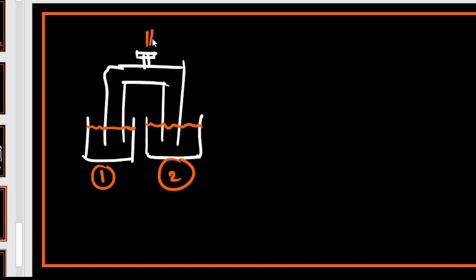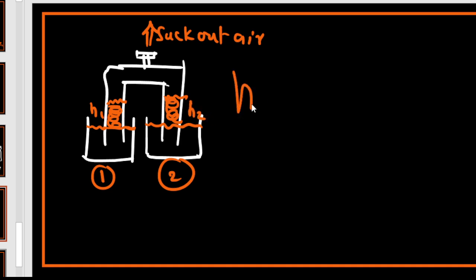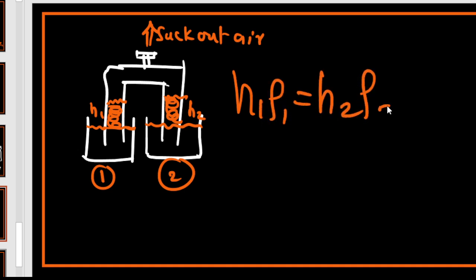You open the tap and suck out what? Suck out air in this direction. When you suck out air, what you will successfully do is it will drag what? The liquid along. So we are going to have something here, and it will also drag this along. You'll have different heights, H1 and H2. So you can also use the formula H1 rho 1 equals what? H2 rho 2 here. Right.